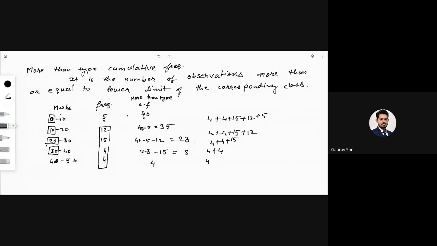We have done the distribution yesterday, right? So what was the meaning of frequency? The number of observations in a class. Yes. So what if the students are appearing for a test and these intervals represent the marks?